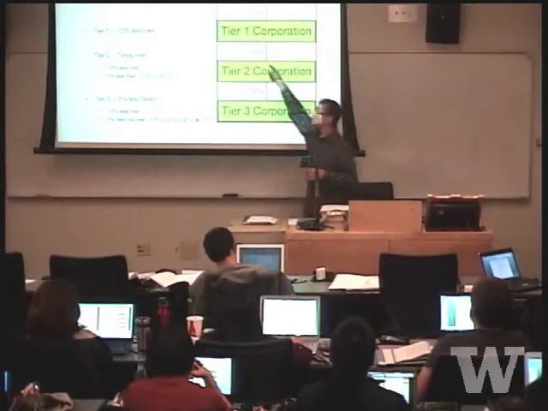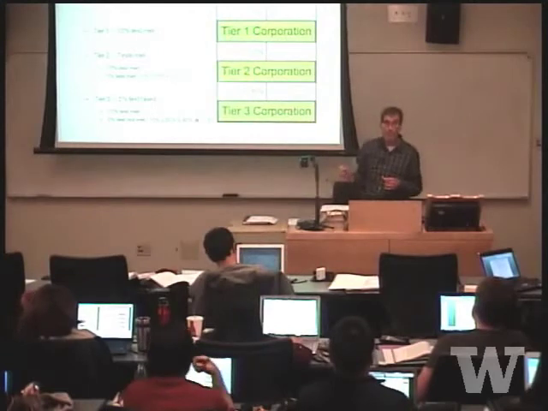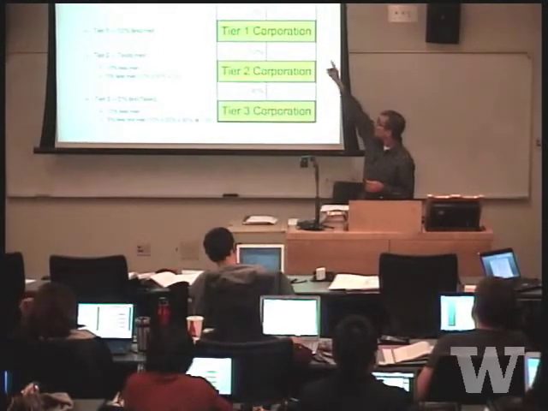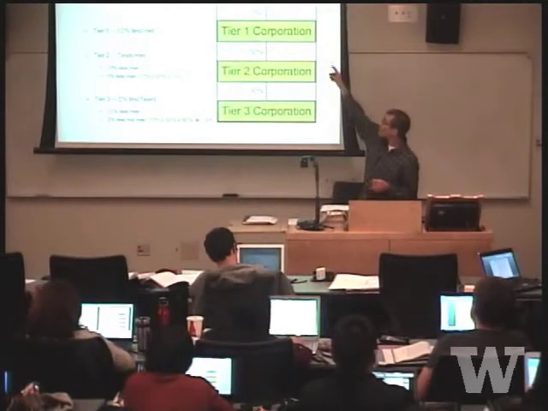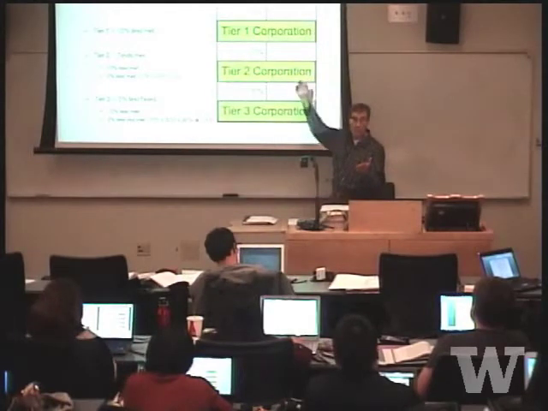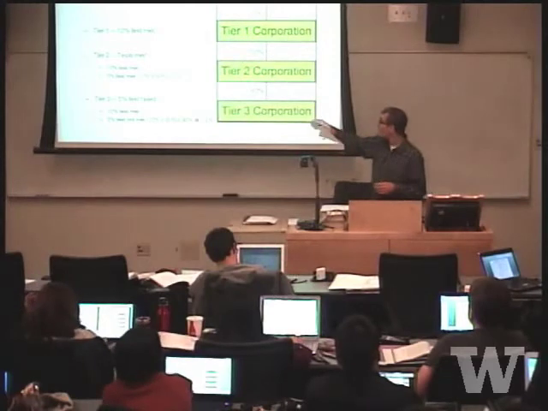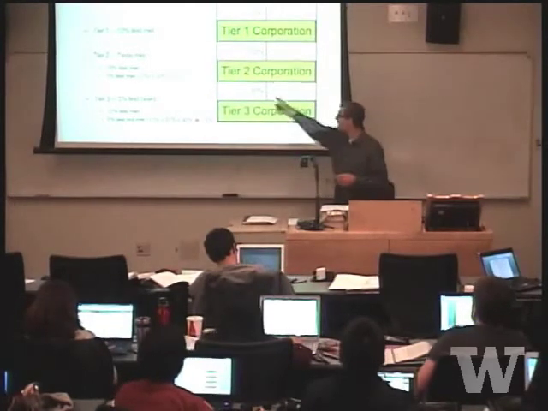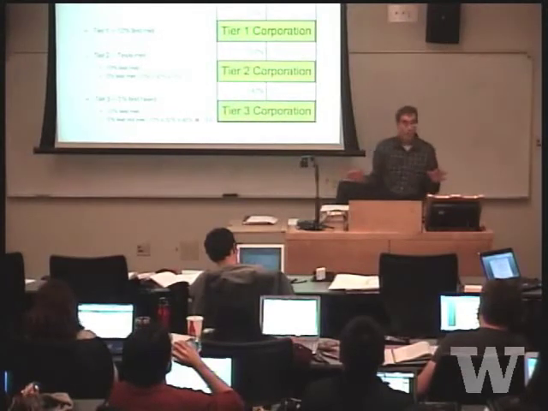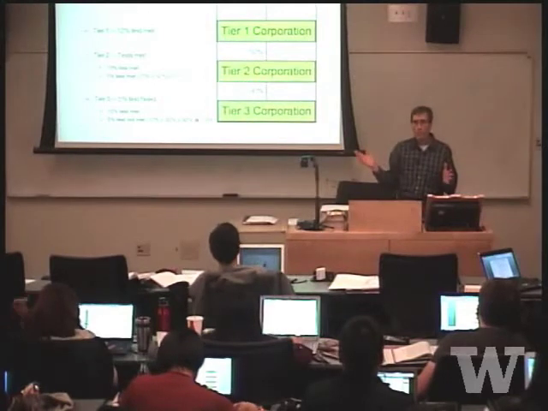Tier 1 owns 10% or more of Tier 2. And the 5% test is met because when you multiply these out, the domestic shareholder does own indirectly 5% or more of the Tier 2. And when we get to the third tier, where we're saying it's 90%, the 10% test is met, but the 5% test is failed.